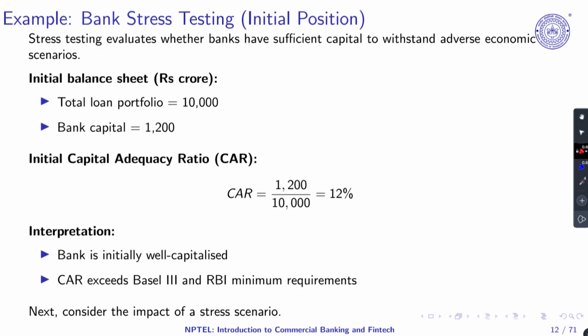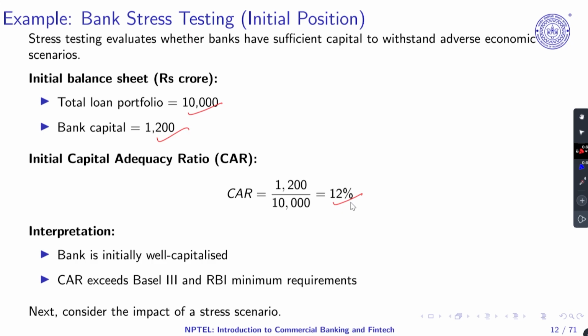For example, if in the initial balance sheet the total loan portfolio is 10,000 crore and bank capital is 1200 crore, right? So the adequacy ratio is of course 12%, right? So it looks like the bank has sufficient capital to counter any immediate shock.